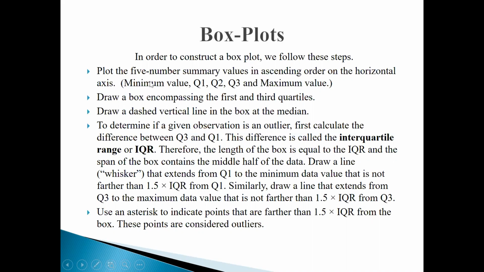And then we also do the same thing. We draw a line to the maximum value as long as that maximum value is within 1.5 times IQR of Q3. Okay, and then if anything is beyond 1.5 times IQR, we'll make an asterisk, and those are considered outliers.